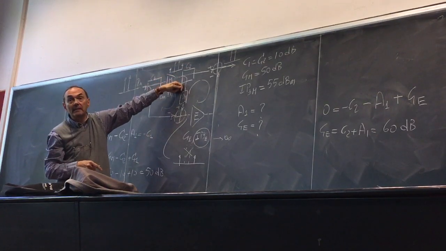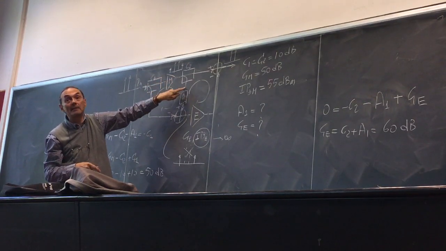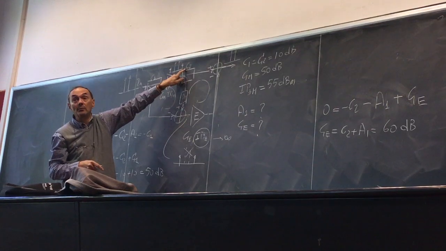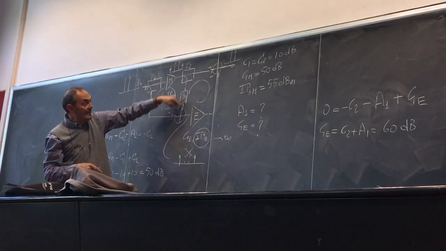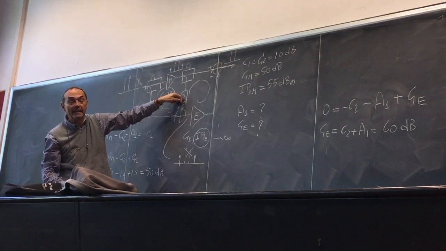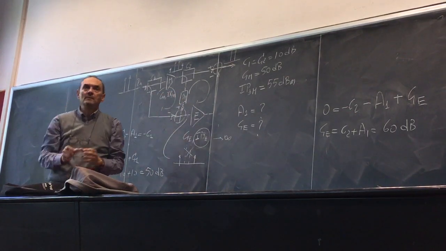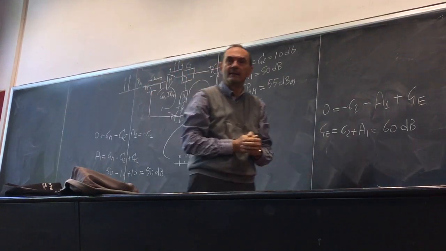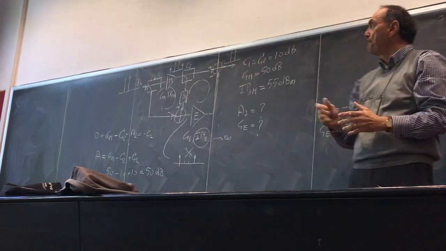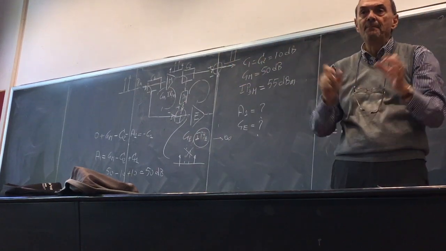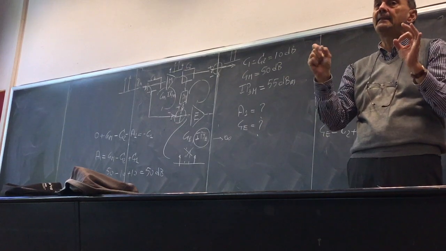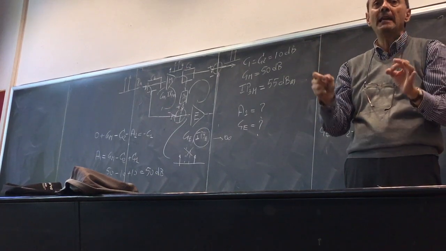Again, an attenuation here, because I move from this point to this point, minus C2. This is another attenuation, minus A1, and I arrive in the comparison block. If I want that the loop is balanced, the two signals arriving at this comparison block must be equal.